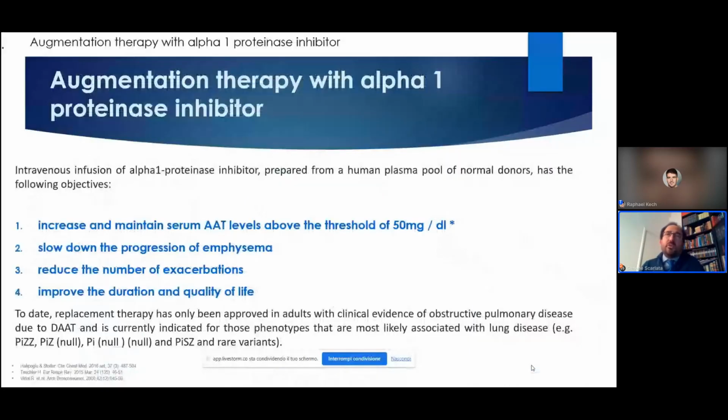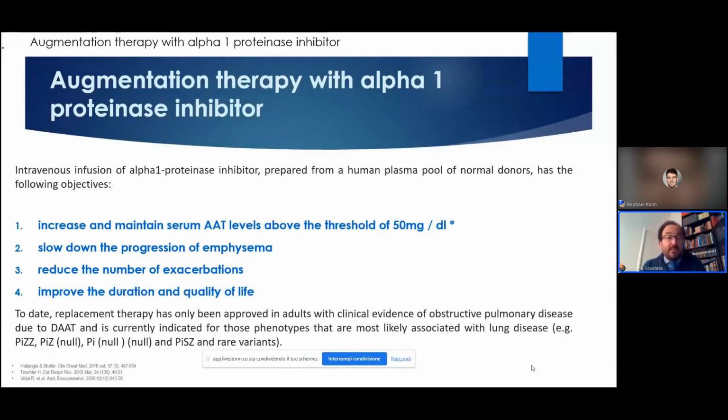Why should we raise our awareness in relation to the proper and early diagnosis of alpha-1 antitrypsin deficiency? Mainly because we have a treatment, a way to give the patient relief and slow down disease progression by providing augmentation therapy, consisting of an intravenous infusion of alpha-1 proteinase inhibitor obtained from a human plasma pool of normal donors.